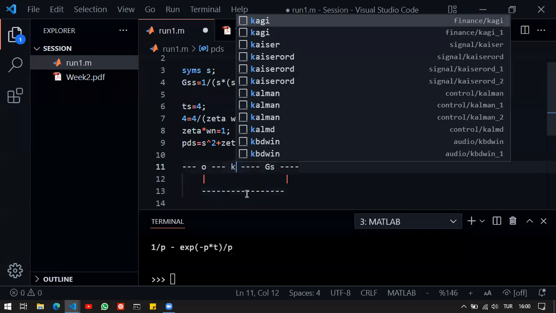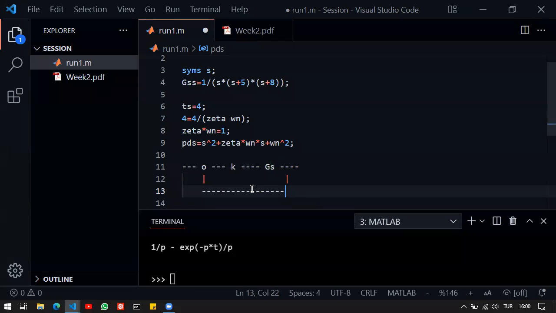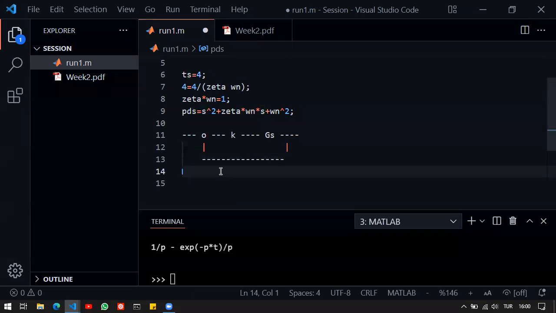Let's represent it with a k. And we're looking for the closed loop. So in order to calculate what the closed loop looks like, we need the following formula, k times G(s), over, we've used this last week as far as I remember, 1 plus k times G(s).